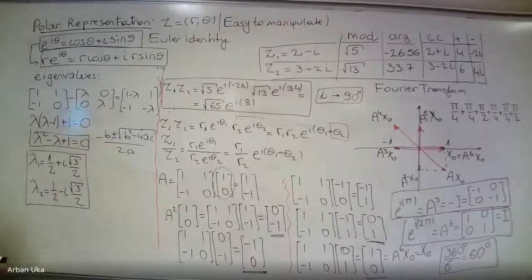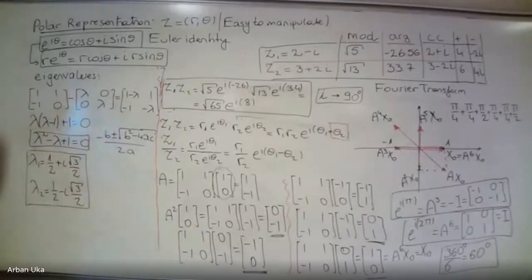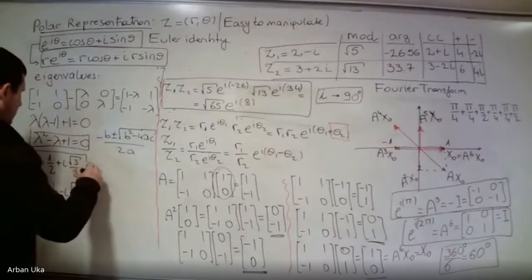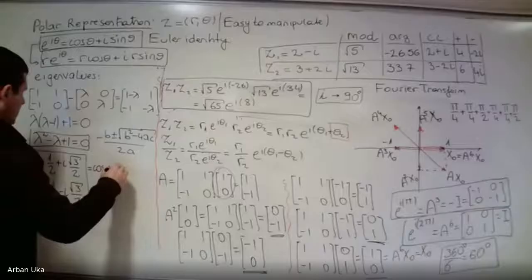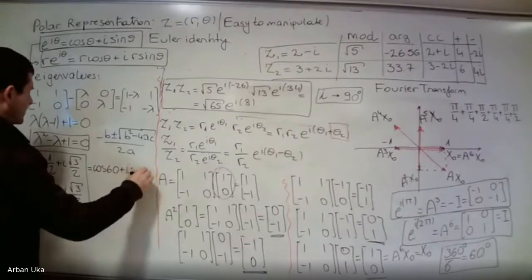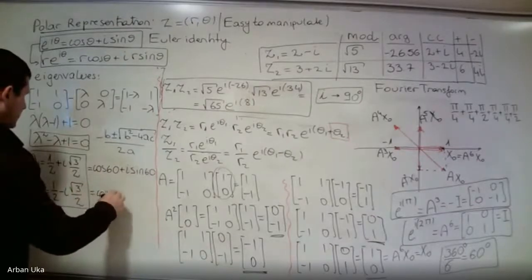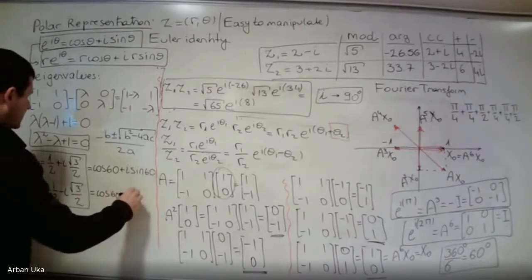No, it's not correct. 60, that's true. What about the sine, square root of 3 over 2? Which angle has a sine of square root of 3 over 2? Once again, 60. That is correct. So it's cosine 60 plus i sine 60, and the other is cosine 60 minus i sine 60.